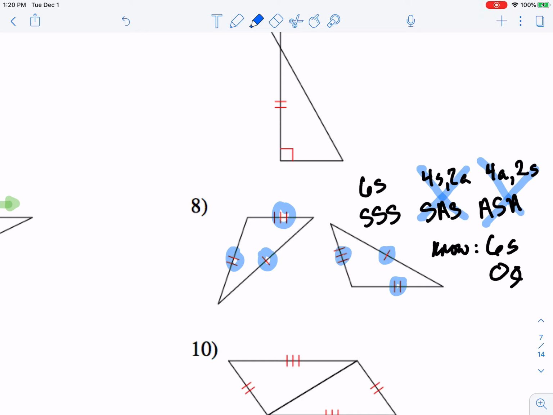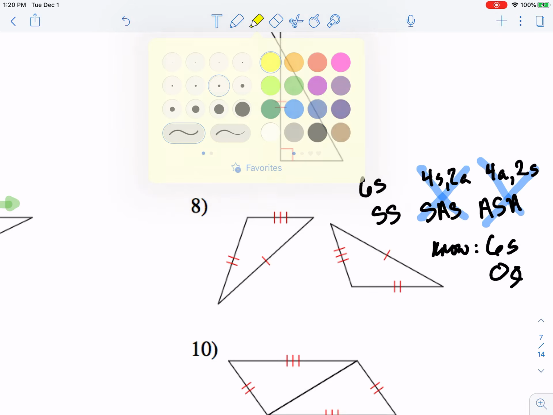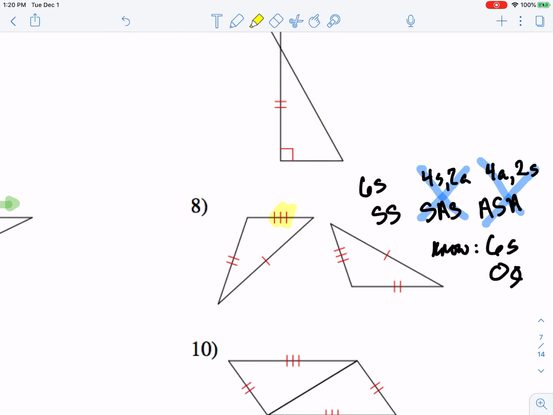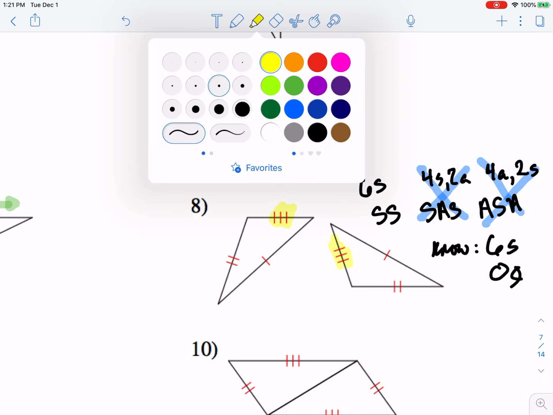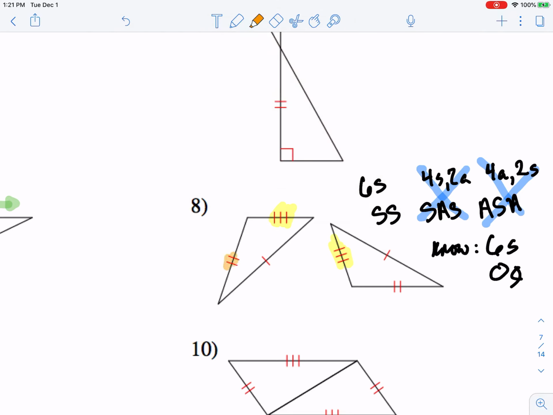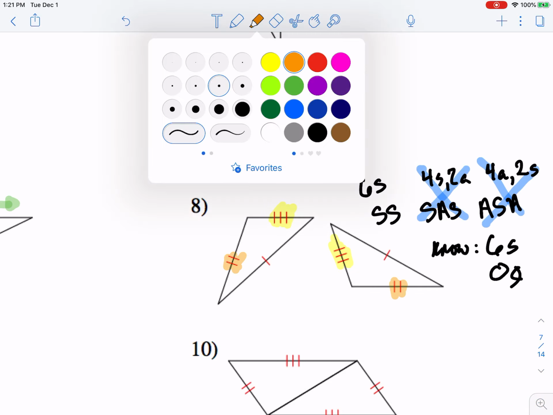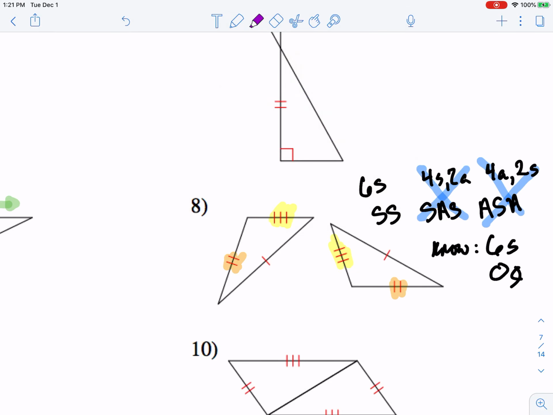Now, to say that these triangles are congruent by side, side, side, you must have the same markings. So what I'm going to do is erase all of these marks. I have a side with 3 over here on the left. I have a side with 3 on the right. I have a side with 2. I must also have another side with 2. Last but not least, I have a side with 1.